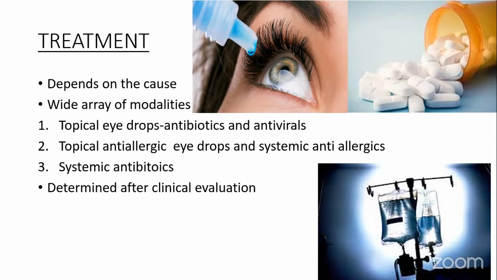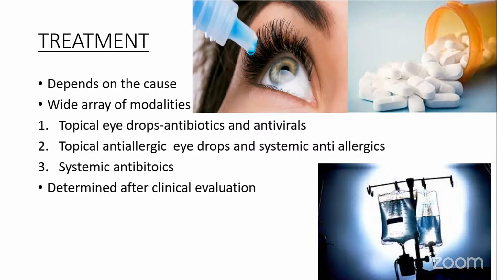Then we give you the anti-allergic eye drops when we start thinking of allergic conjunctivitis. Then systemic antibiotics come into play when it is the orbit, the structure that holds the eye in place. That's when you're thinking about orbital cellulitis. We give you systemic antibiotics, okay? And the decision to treat is determined after clinical evaluation.